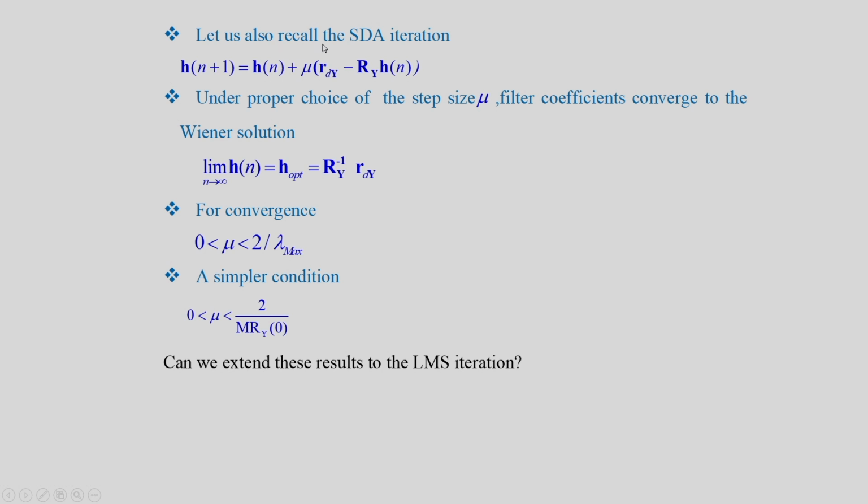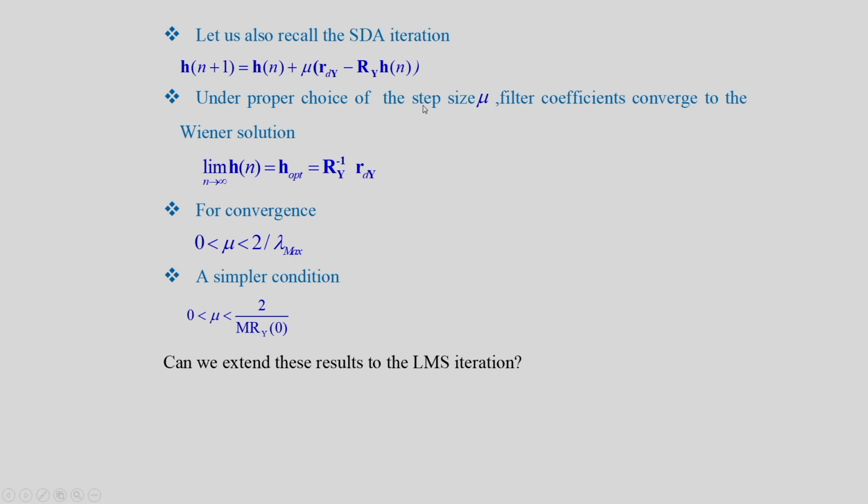Let us recall the SDA iteration. H(n+1) is equal to H(n) plus mu times (Rdy minus Ry into H(n)) vector, where Rdy is the cross correlation vector and Ry is the autocorrelation matrix.